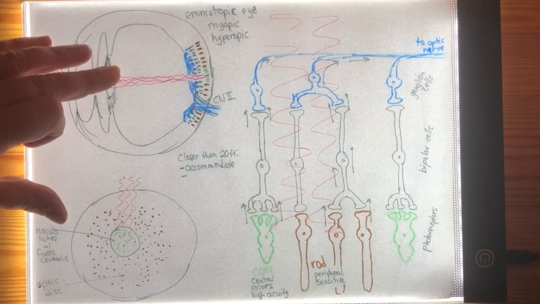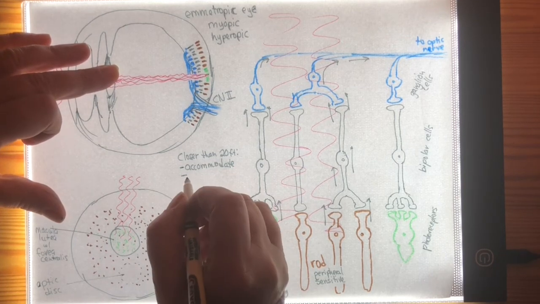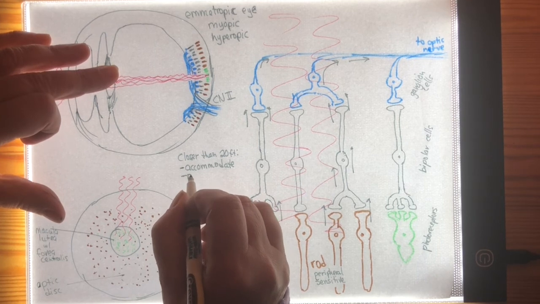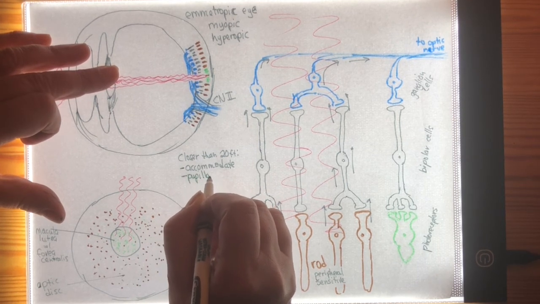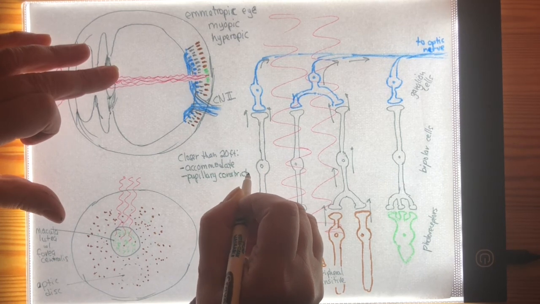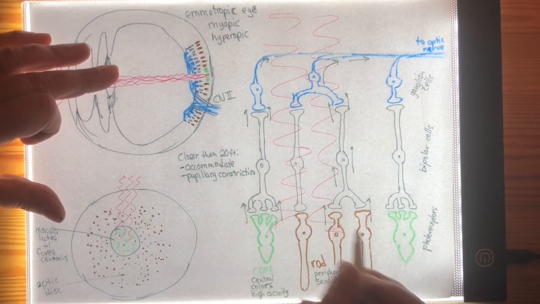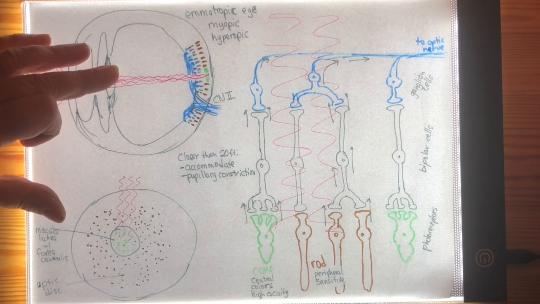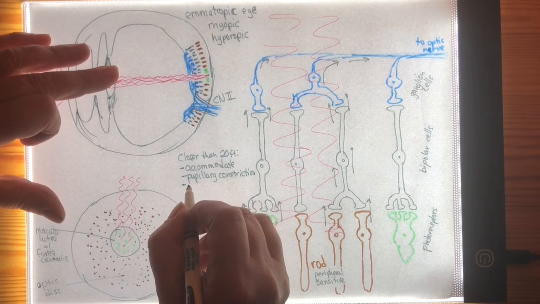Next, we have pupillary constriction, where we can actually shut off some of that scattered light. When we constrict our pupils, we're making the pupil into a smaller hole in the middle of the iris, and therefore less light is being scattered through, and it allows for more clarity in that way.